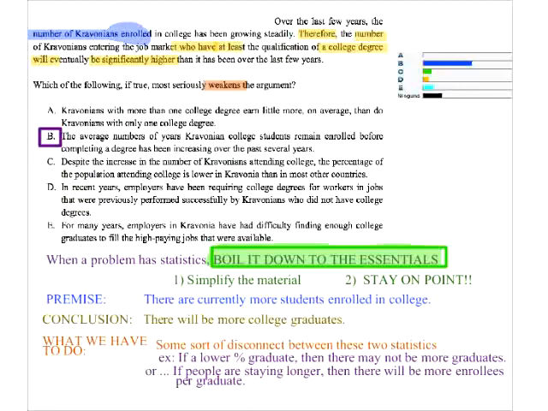So, any questions about this? Okay, again, there's a lot of words. When there are a lot of words, the challenge is to not go crazy and become distracted.